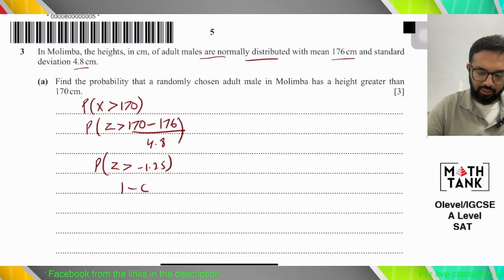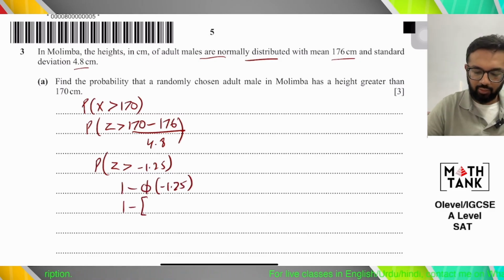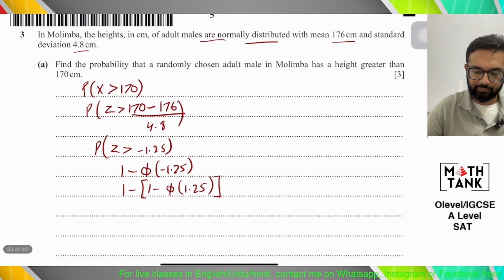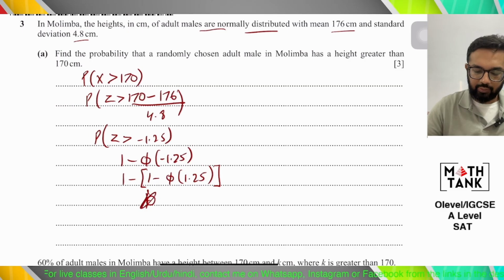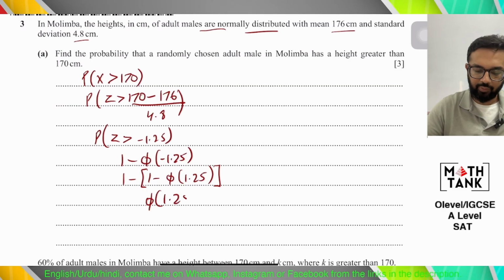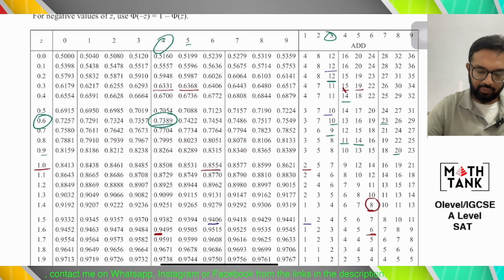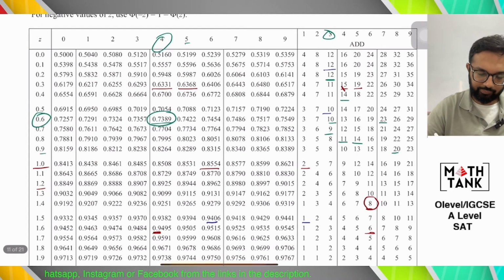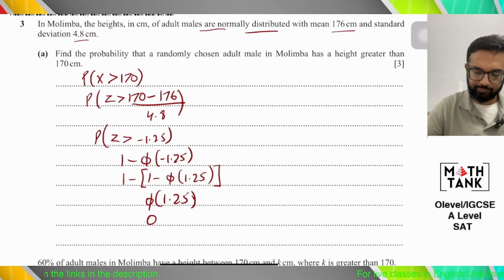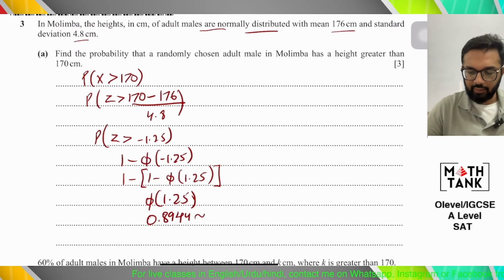So that's 1 minus phi of minus 1.25. According to my rules, it becomes phi of 1.25. From the table, 0.8944. The final answer has to be 3 significant figures, so 0.894 then.